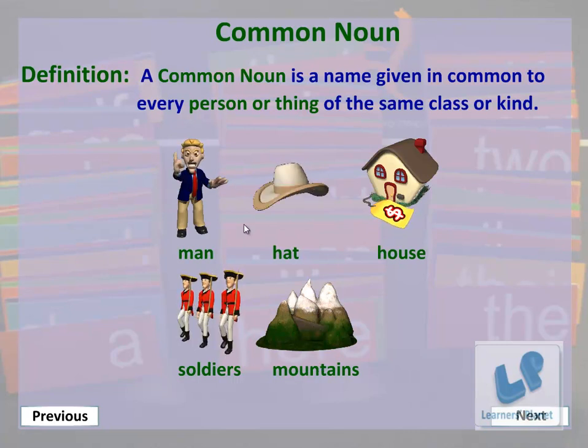Man, hat, house, soldiers, mountains. So now, instead of referring to a particular boy named Rishi, if you just want to refer to a person, you will not use his name, but instead you will say that is the man.